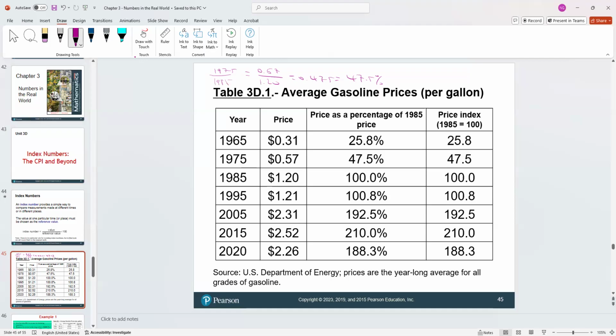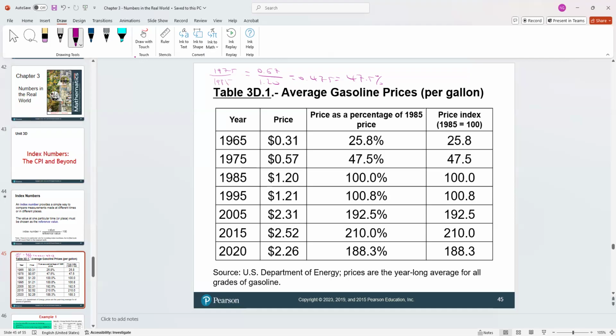That's what we use this table for, which we call Table 3D.1. Note that the percentage for 1985 is 100% because we choose the 1985 price as the reference value.